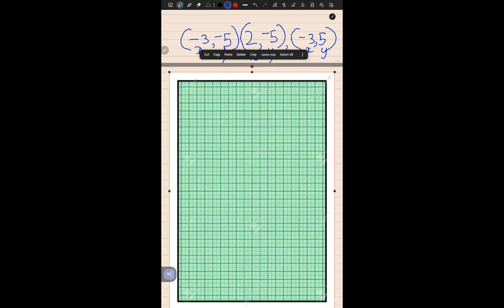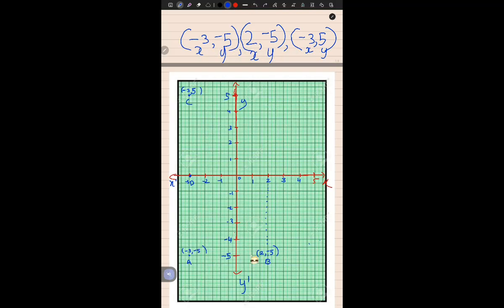So it is 2 comma minus 5, and it is minus 3 comma minus 5, and it is minus 3 comma 5. Okay. Yes.